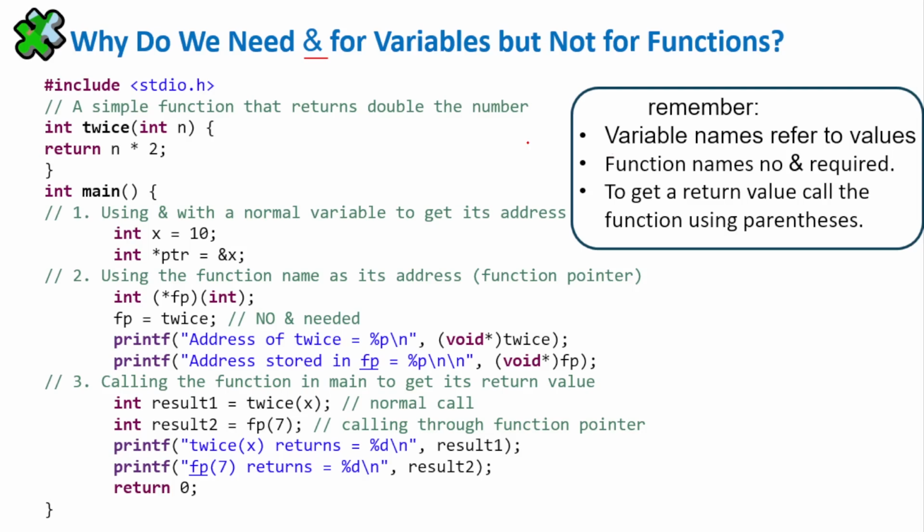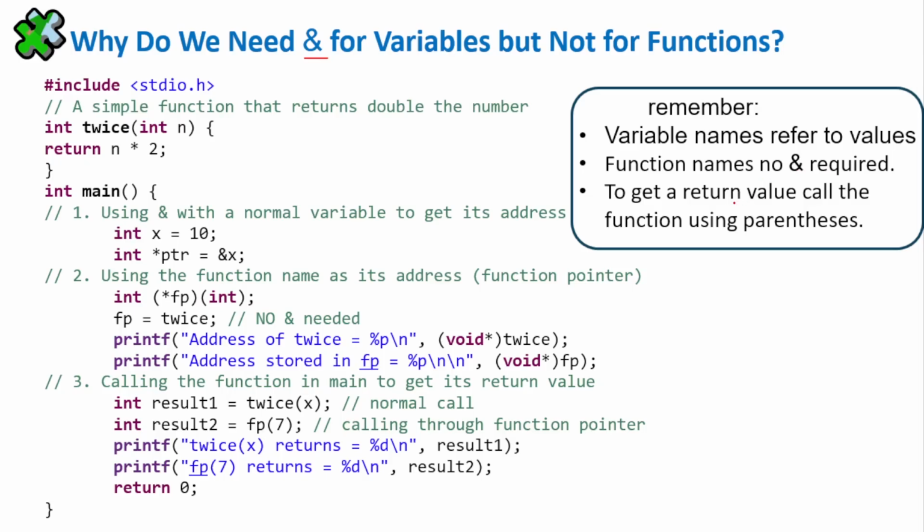But functions work differently. The name of a function already represents the address where the function's code begins. And that's why we can assign a function to a function pointer. No ampersand operator is needed because the function name itself is already an address.